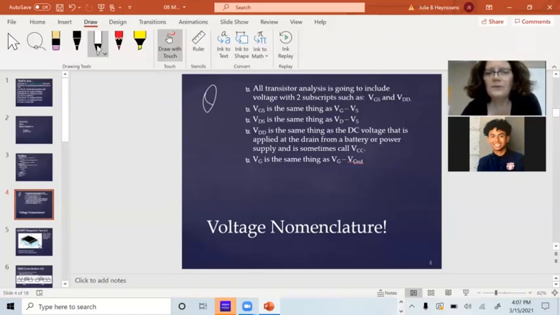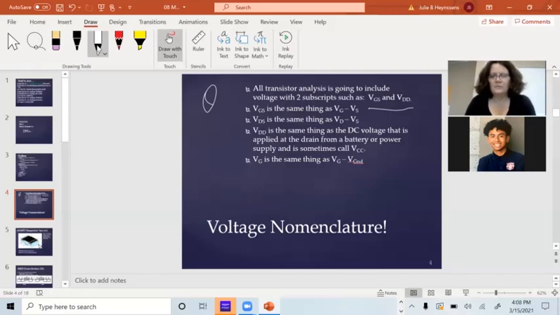Okay, we have two subscripts like VGS or VDD. Now these have very specific meanings. VGS: I take a voltmeter, put the positive probe at the gate, VG, and put the negative probe at the source, which is VS, and measure the difference between them. So VGS means the voltage at the gate relative to the source.